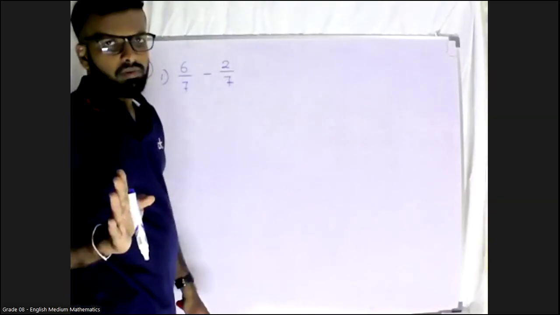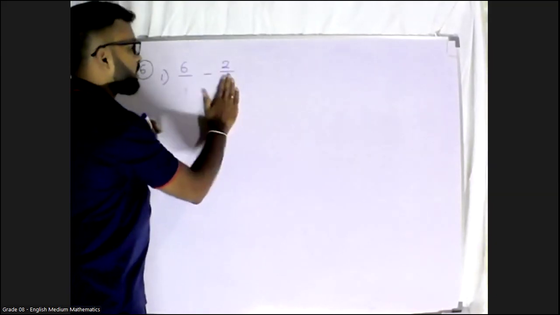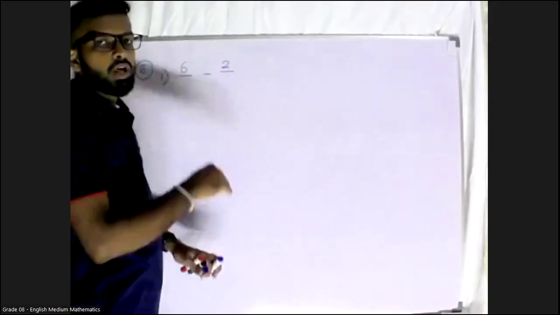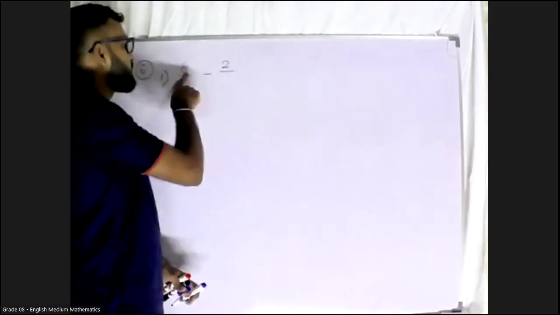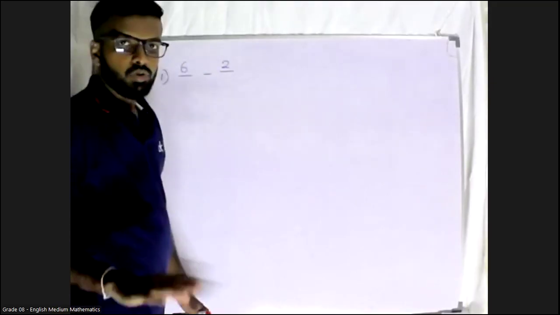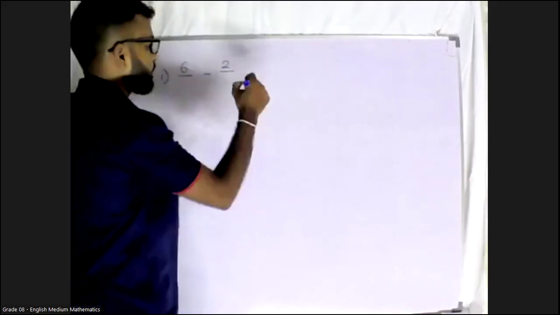So nothing to worry. Just forget it for a moment. Now you do not have a denominator, no? So you have to subtract 6 minus 2. 6 minus 2 is 4, right?